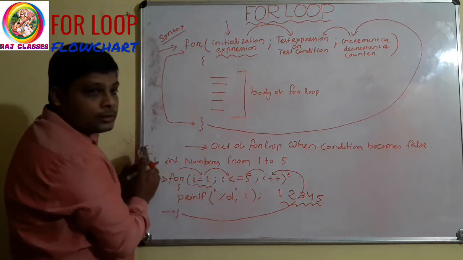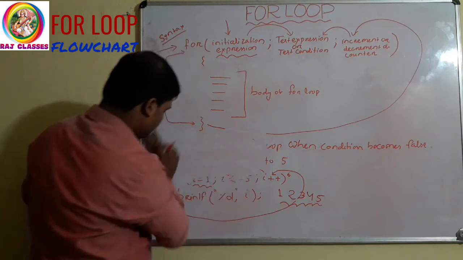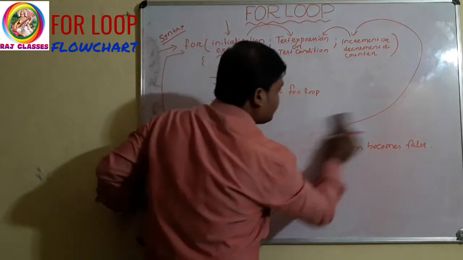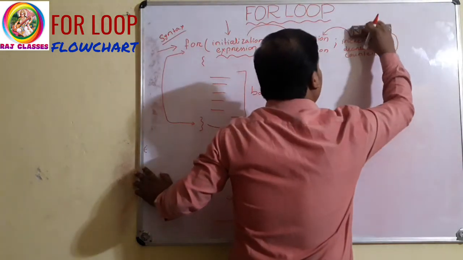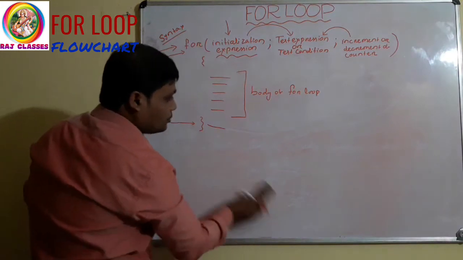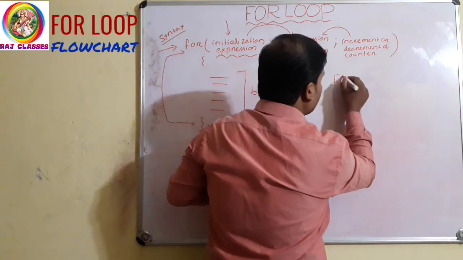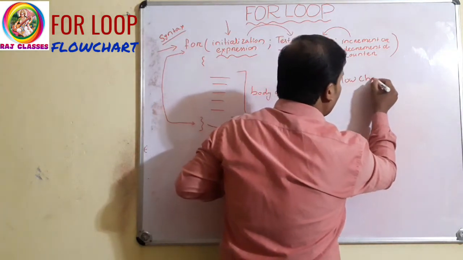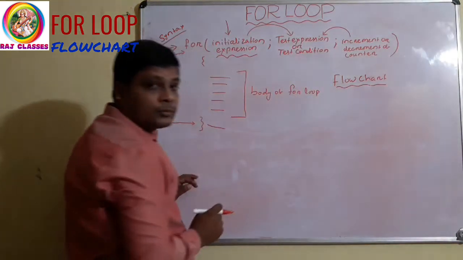Now see the flow chart for this for loop. Just see the flow chart. Clear?